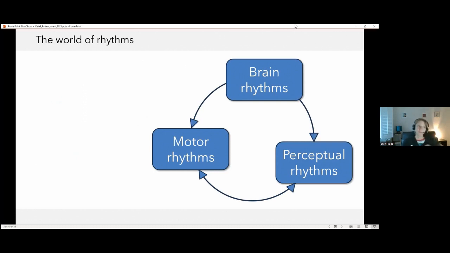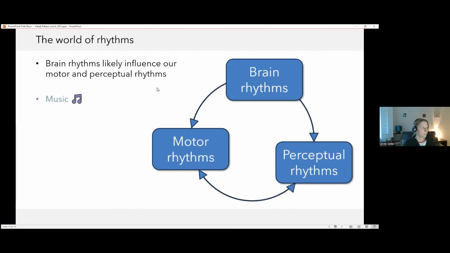And the last connection I would like to make here is that you can imagine that the brain plays a big role in all of this, because, of course, all of our actions are initiated in the brain, and the brain is also very heavily involved in our perception. So it's likely that our brain rhythms influence these motor and perceptual patterns.